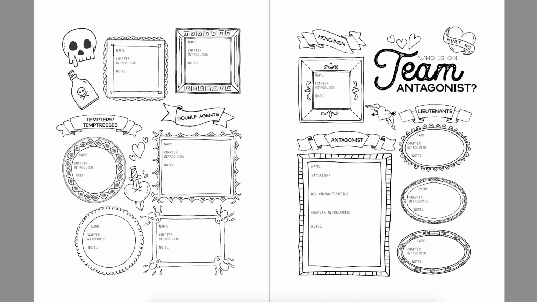And then we have the tempters, temptresses, and these are really love interests for the antagonist. A lot of times there is not a love interest, but these would be people who would have an almost romantic relationship with the antagonist. So an example would be Bellatrix Lestrange.